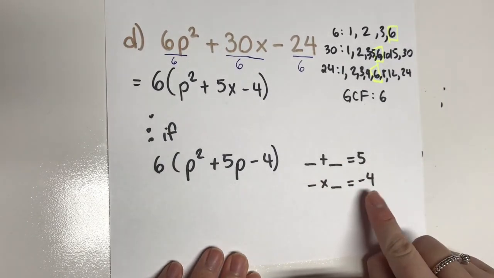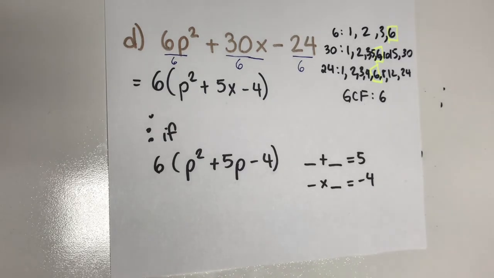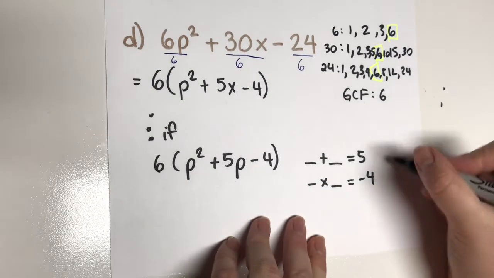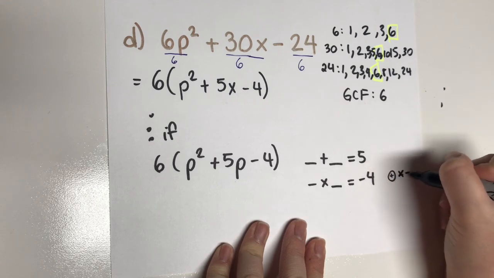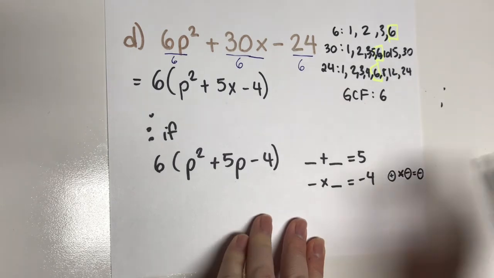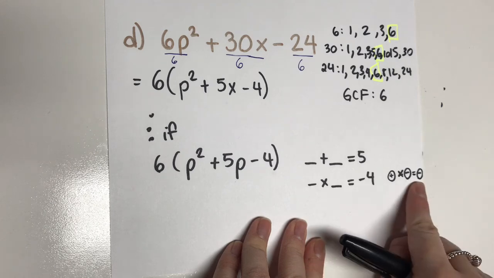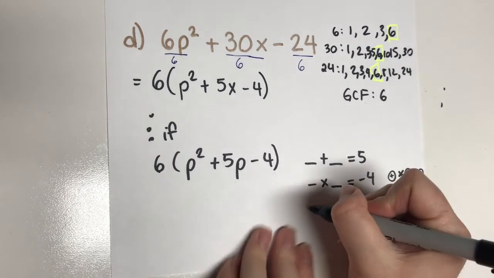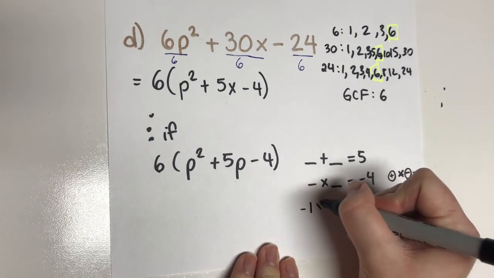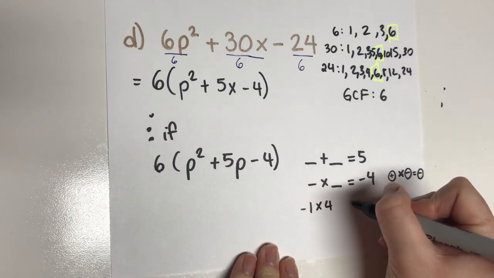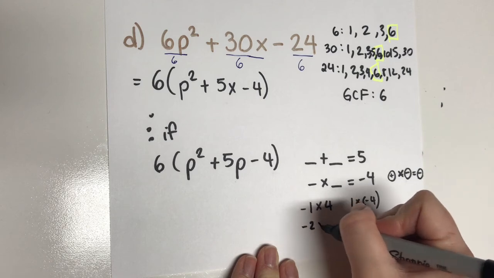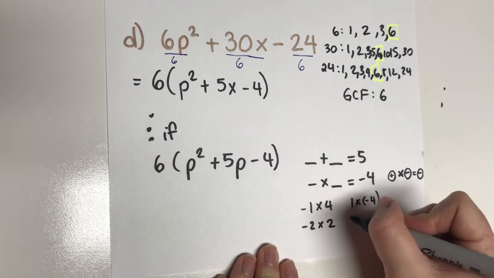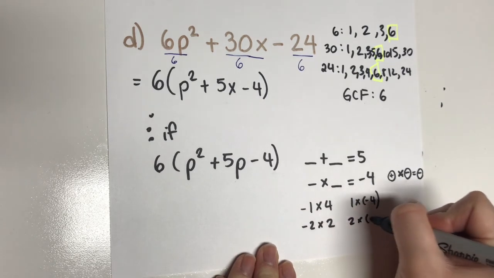Because it's negative, I know that one factor needs to be negative and the other positive, because positive times negative gives us a negative number. So negative 1 times 4, or 1 times negative 4. Negative 2 times 2, or, it's the same thing, 2 times negative 2.